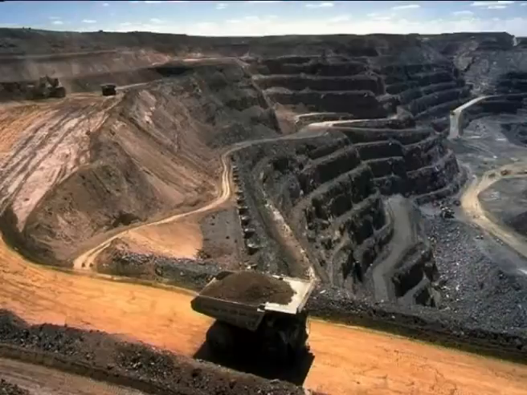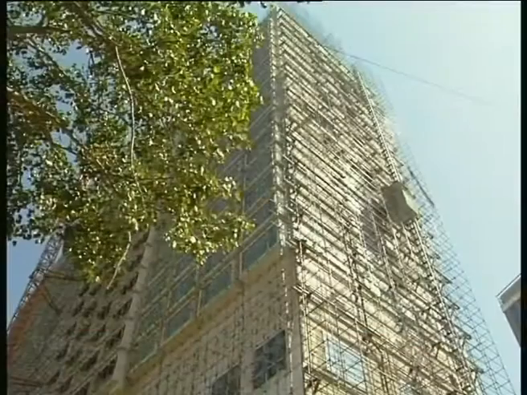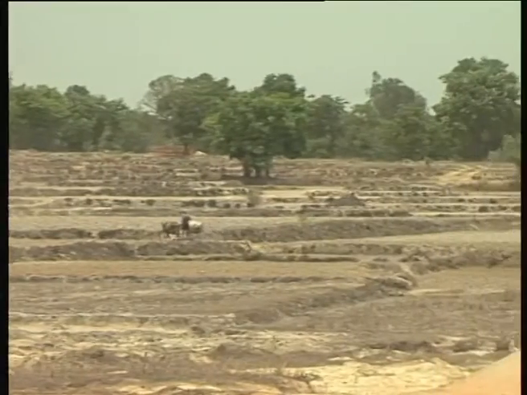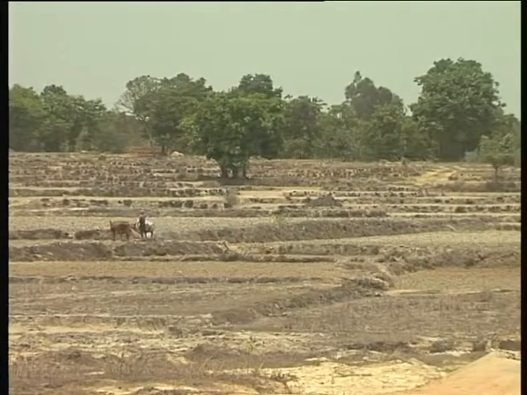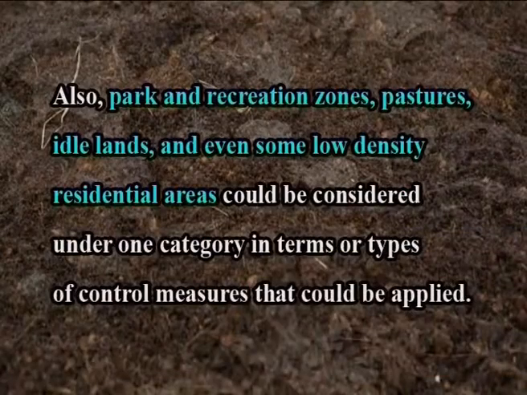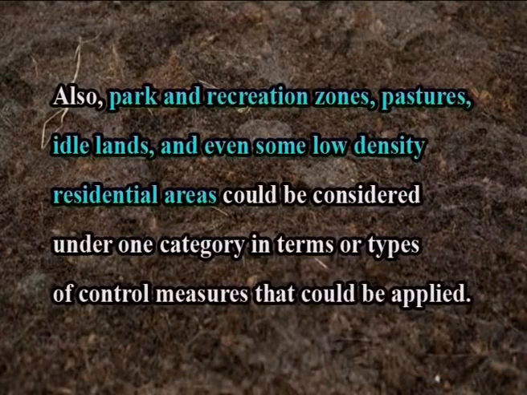For example, strip mining, construction sites and land under development are characterized by the same disturbing activity and require similar control techniques. Also, park and recreation zones, pastures, idle lands and even some low density residential areas could be considered under one category in terms of the types of control measures that could be applied.